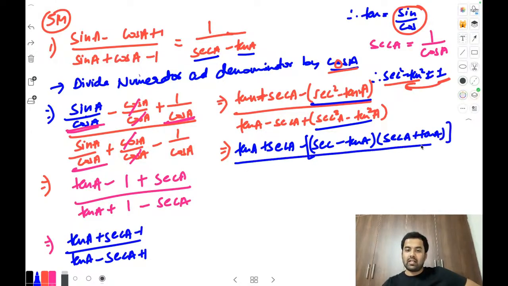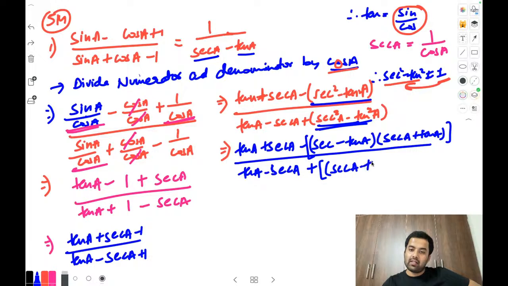Then next one below, tan a as it is minus sec a as it is, plus again below part is this one, a square minus b square. So sec a minus tan a, again sec a plus tan a.